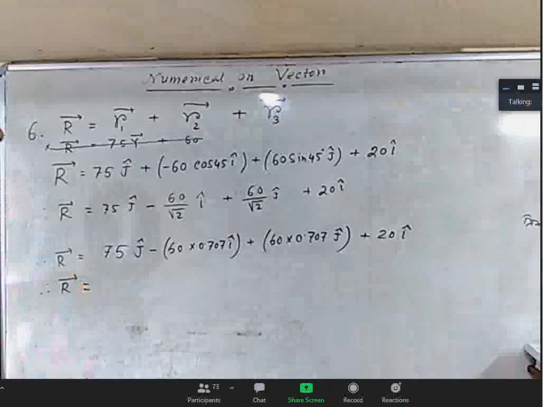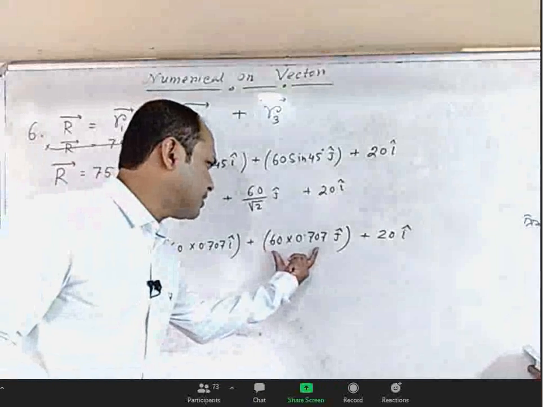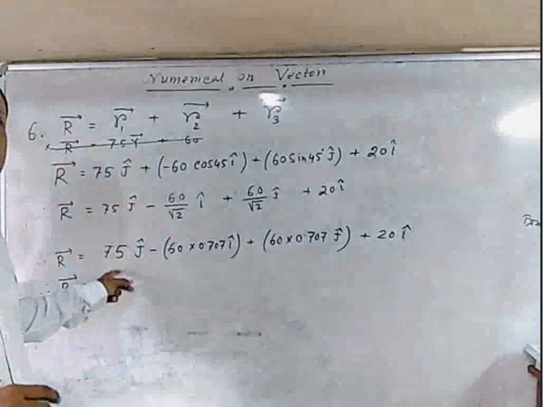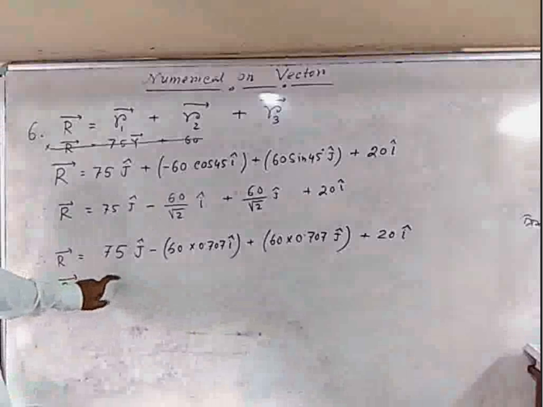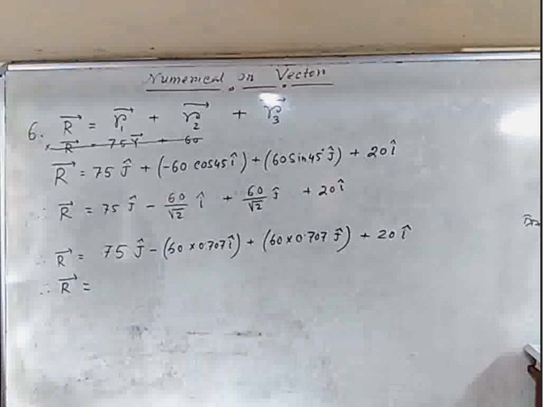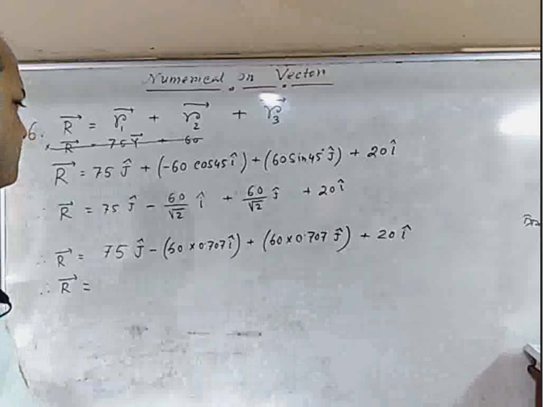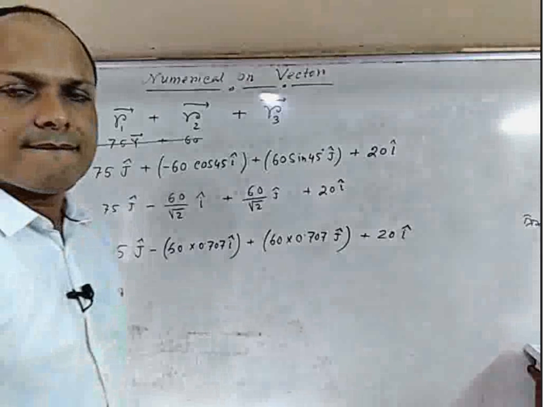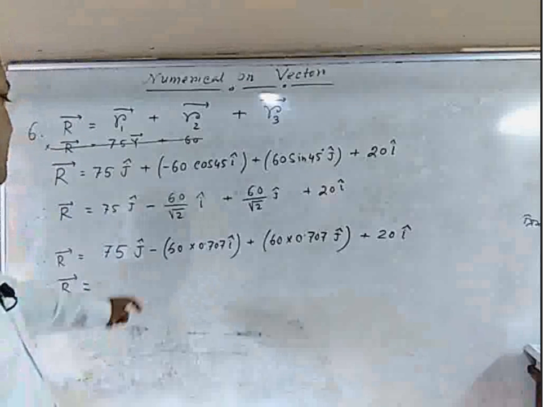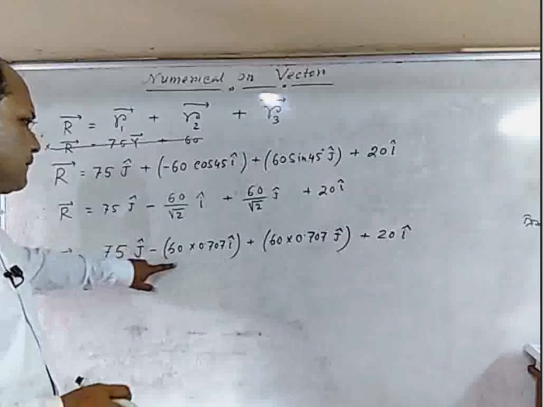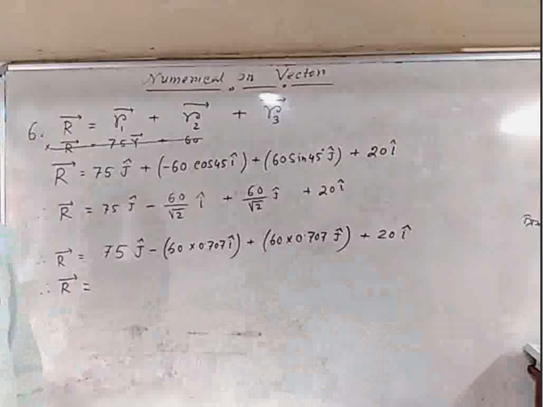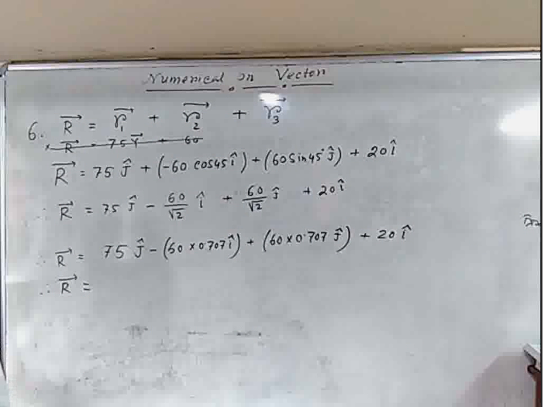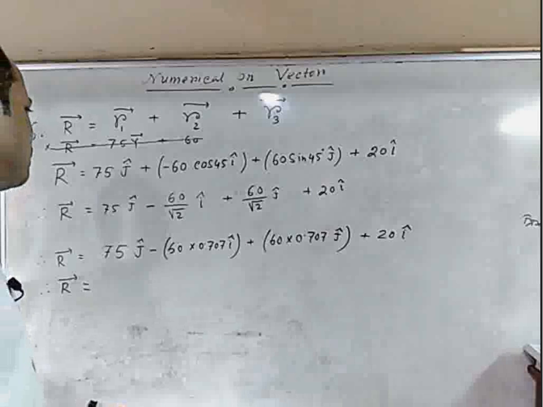Now tell me someone, if I take the multiplication of this one and add with this, what should I write? No one can.